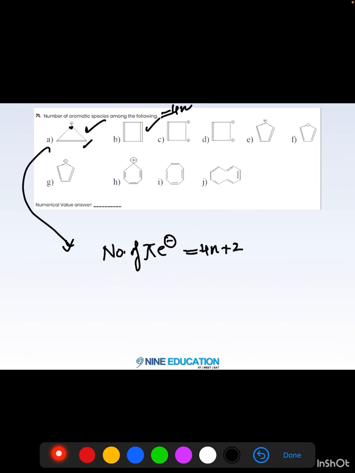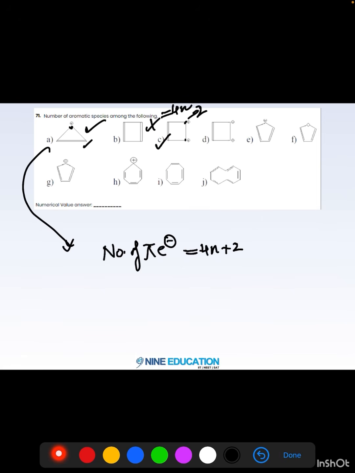Next, we have conjugation throughout. This atom bears a positive charge with a pi bond resonance, so conjugation is present throughout. The total number of pi electrons is 2, so again it follows Huckel's rule. So C will also be an aromatic species.